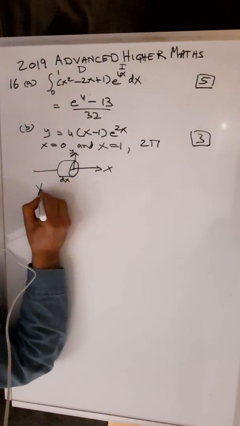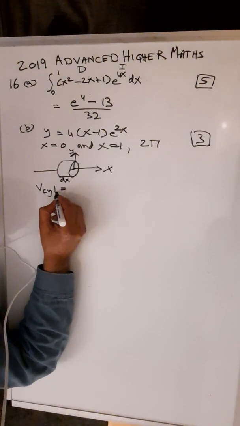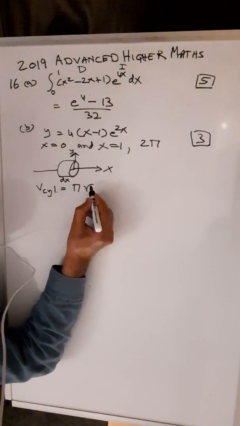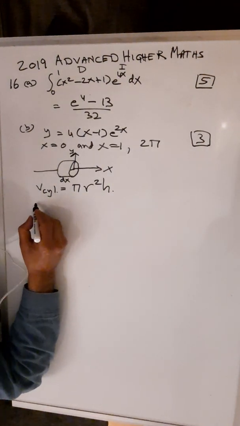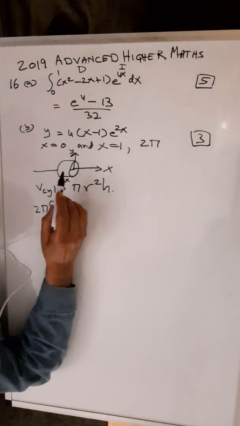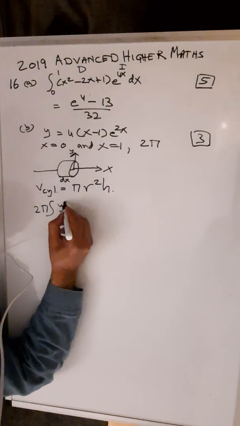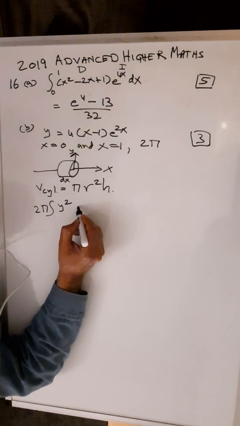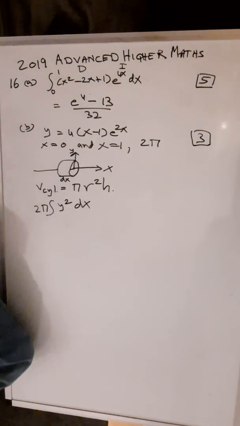So the volume of a cylinder is what this comes from. Volume of cylinder is pi r squared h. So this would mean that this is the integral of pi times y squared, r comes from y, and the height comes from this dx. You're rotating it around the x-axis.